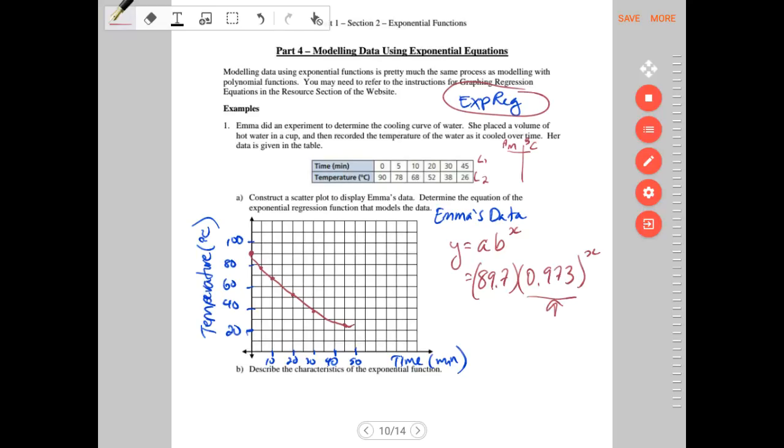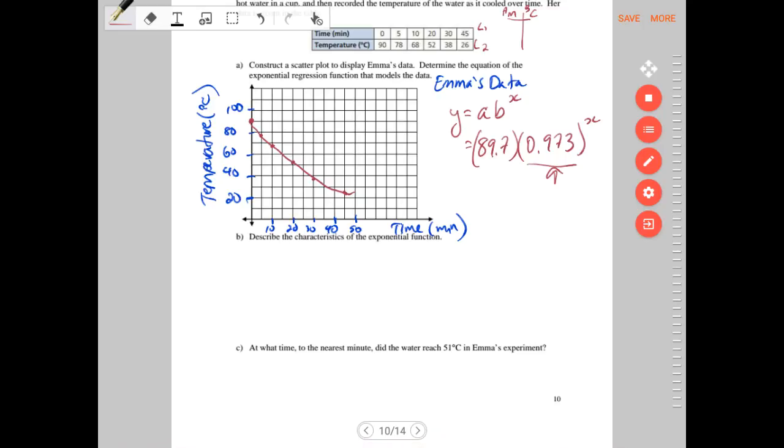Okay, describe the characteristics of the exponential function. So, there is no x-intercept, as usual. Okay, the y-intercept is about 90. So a is 89.7, so about 90 degrees Celsius. Okay.